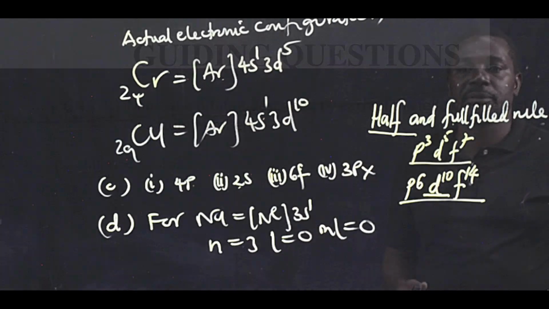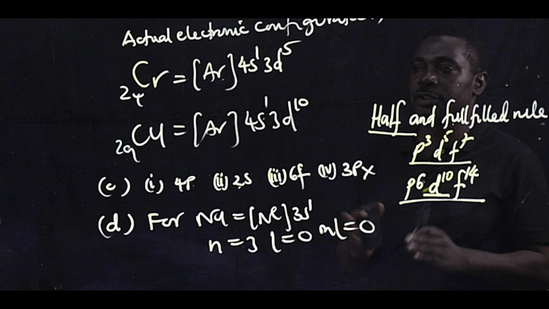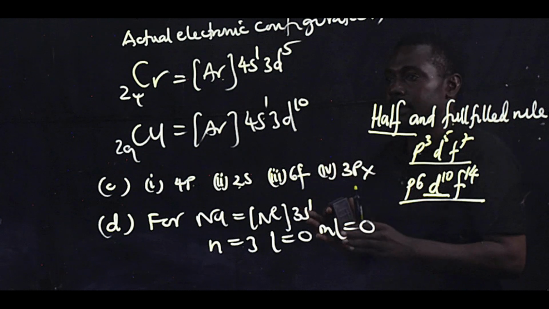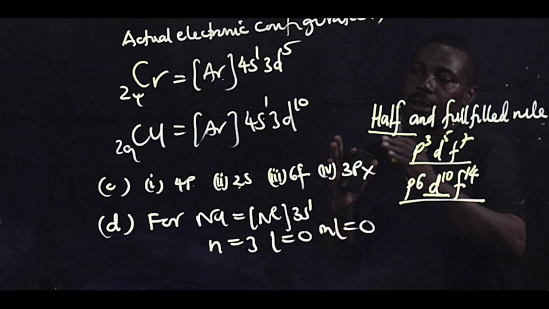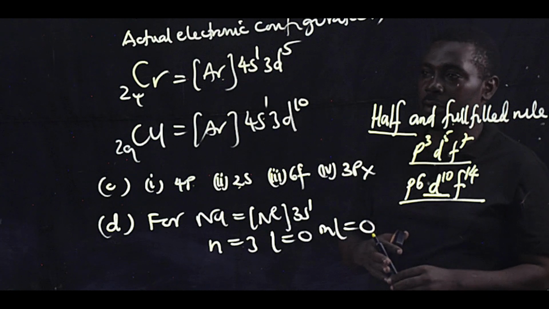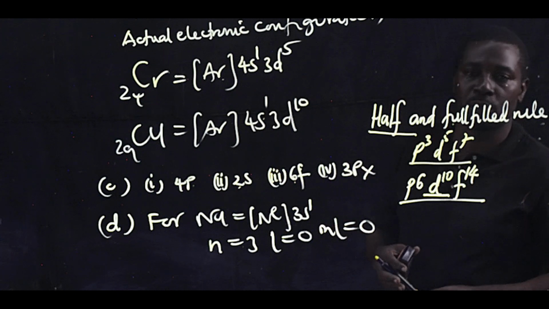Roman number 3, n is equal to 6, l is equal to 3. n equal to 6 specifies shell number 6, and l equal to 3 describes the f orbital. So n equal to 6, l equal to 3 describes the 6f orbitals.